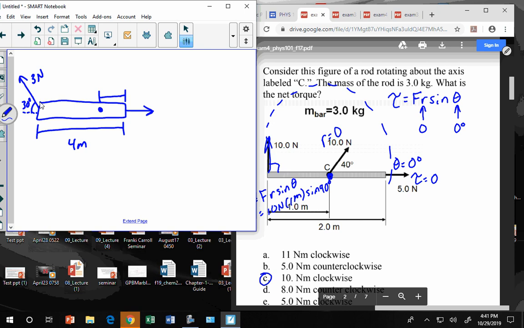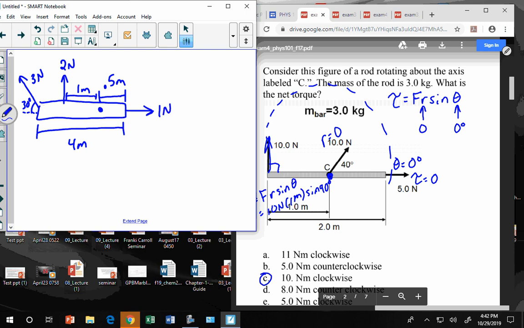This is 0.5 meters. And then let's say that there is a force right here of 2 newtons, and this is 1 meter. Oh, I didn't give you this force. Let's say this is 1 newton.